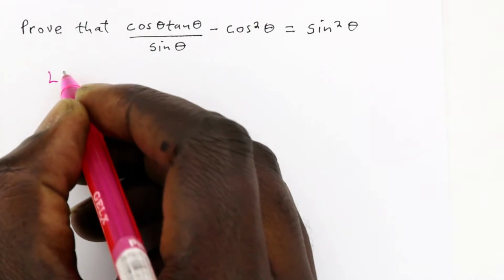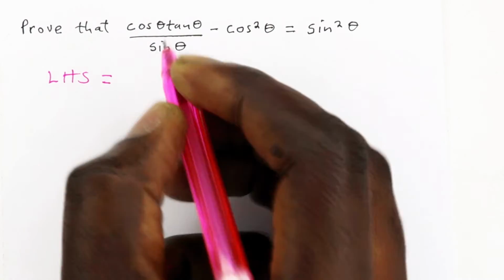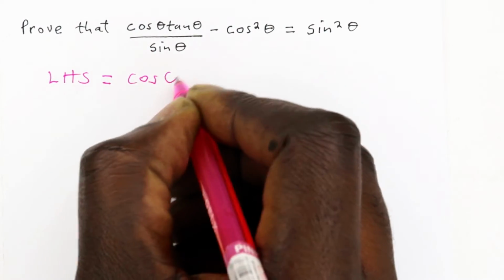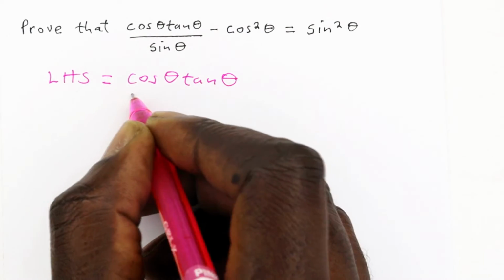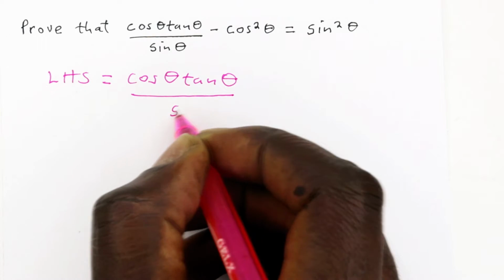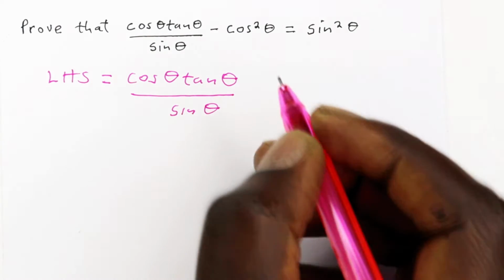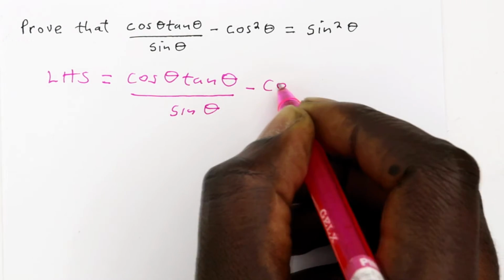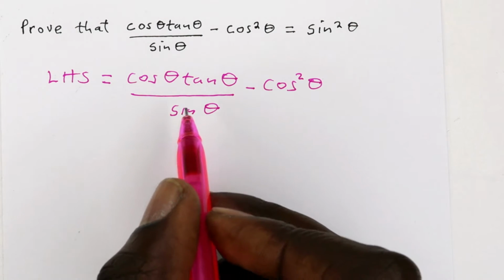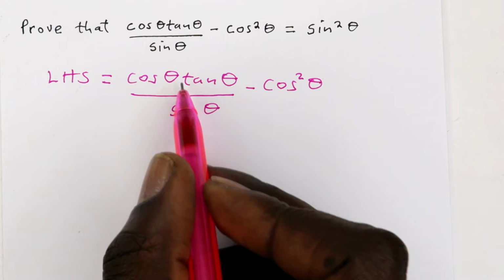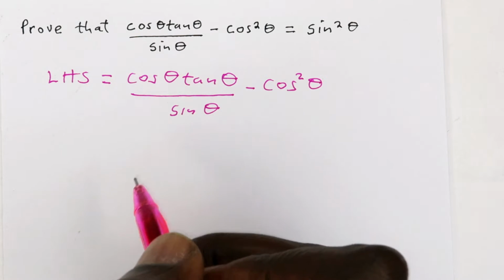So on the left hand side, what we have is cos theta times tan theta over sin theta minus cos squared theta. So from here, we can rewrite tan in terms of cos and sine.